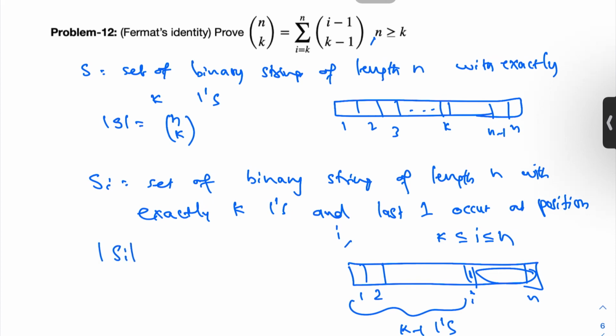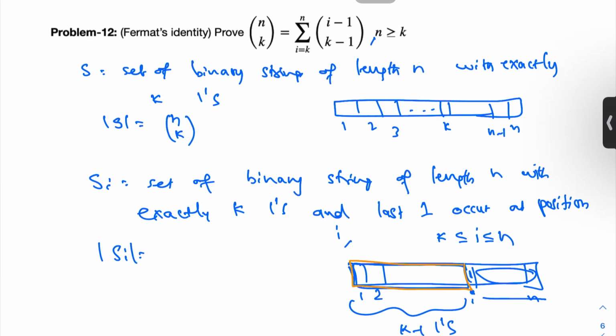The number of elements in Si: the ith position is fixed, and the remaining i minus 1 positions must have exactly k minus 1 ones. So this is a binary string of length i minus 1 with exactly k minus 1 ones.